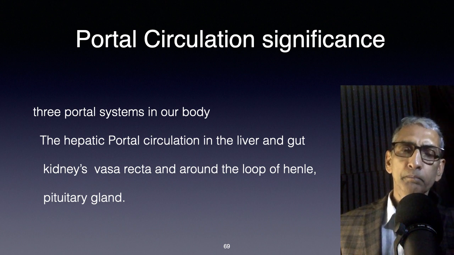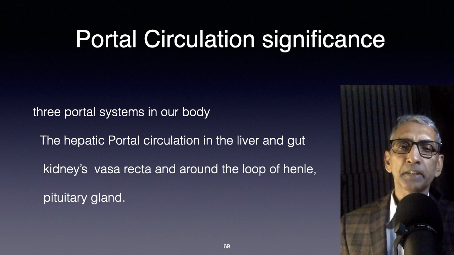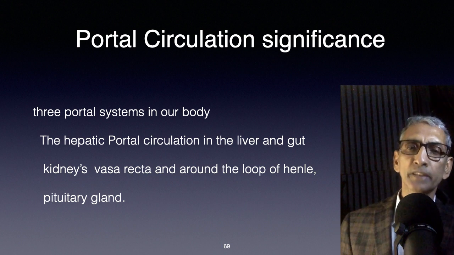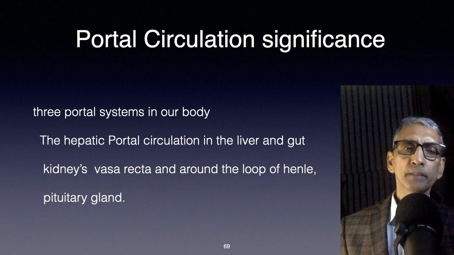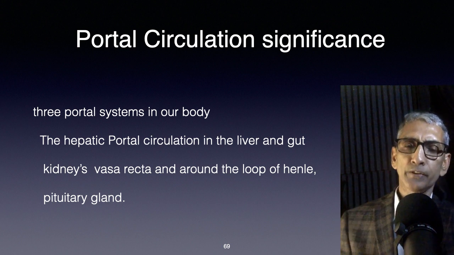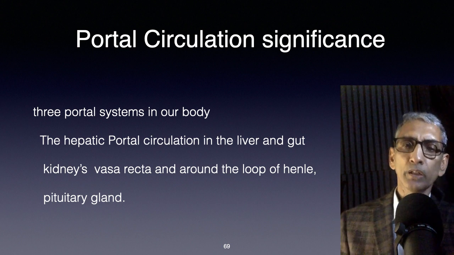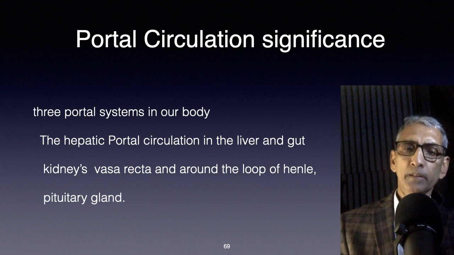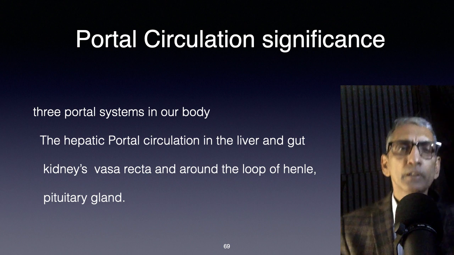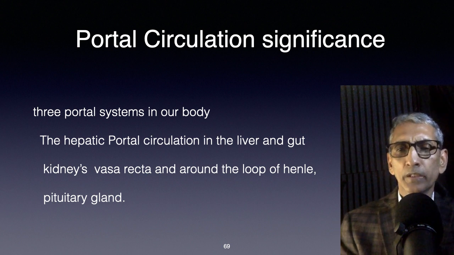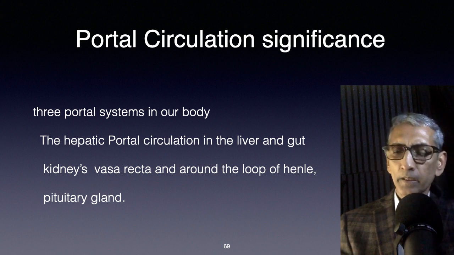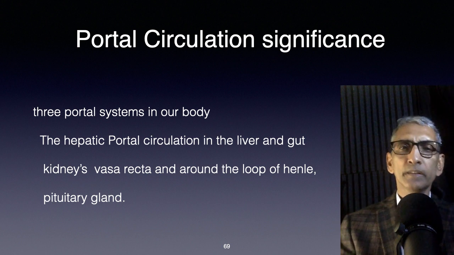Because if you take anything to the heart, it is going to be distributed to the rest of the body, so things can get diluted. Whereas in the portal circulation, you can transfer a highly concentrated chemical to the local area. You can exchange them under a high gradient.